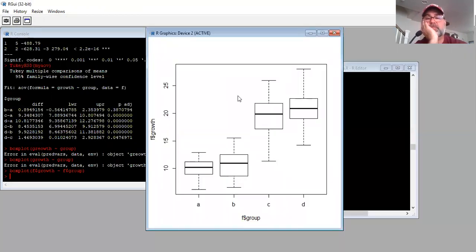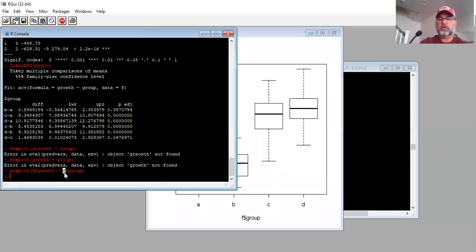So here's our plot. It's not very pretty, so we might want to change our X and our Y labels. And if these groups have names, we could add names. My battery's running low, so I'll try and do this very quickly. If we want to change the X label, it's xlab.